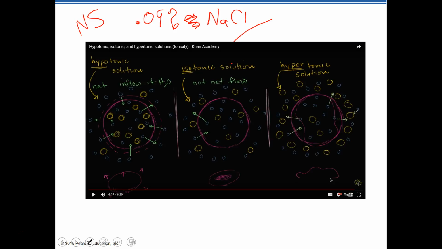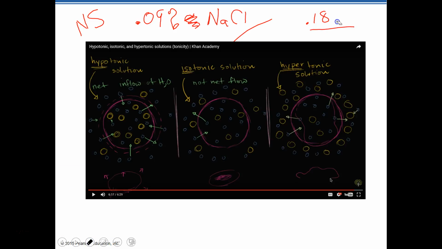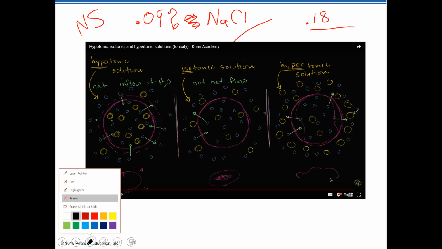Is there ever a time when we give somebody a hypertonic solution, say, 0.18 normal saline? Well, I'm not going to say there's not. I'm sorry, I put normal saline. There's nothing normal about 0.18. Let me erase that, fix that for us.